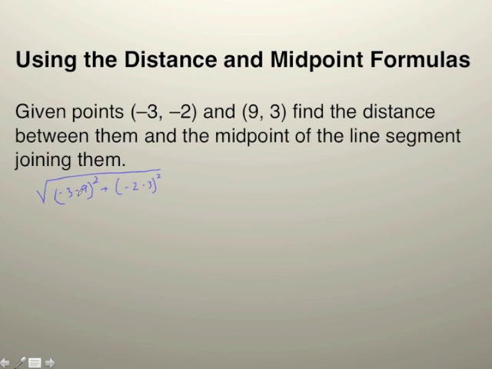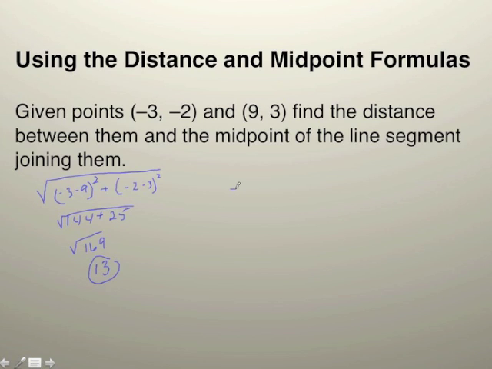Negative 3 minus 9 is negative 12, squared is 144. From negative 2 to 3 that makes negative 5, and 5 squared is 25. The square root of that is the square root of 169. It's our 13 again. So that's the distance.